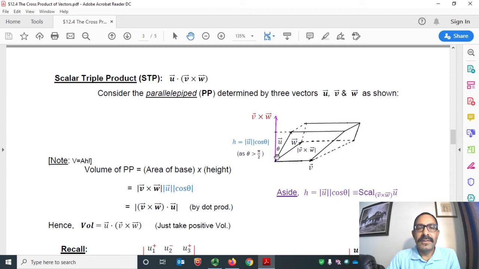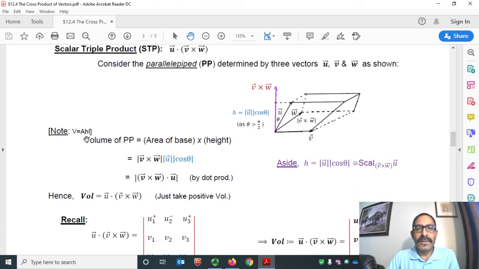Then the volume formula is V equals A times h, where A means area and h means height, right? Great. So the area of the base is the magnitude of v cross w, and the height h is magnitude of u times cosine theta. So now we have this expression here.